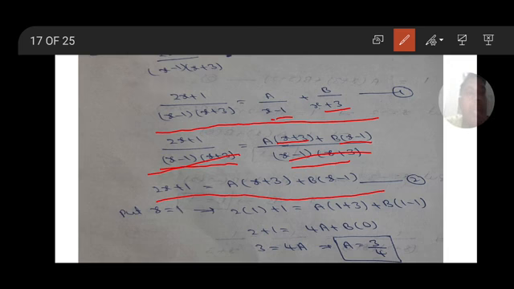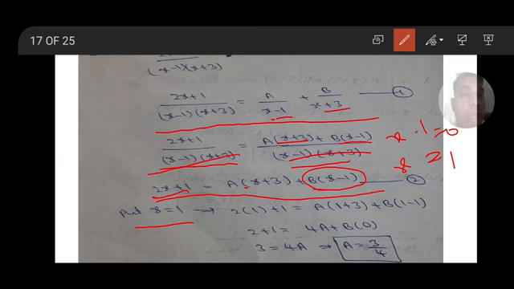To get the a value, the b term must be 0, which means we need to substitute x minus 1 equal to 0, that is x equal to 1. Put x equal to 1 in equation 2.